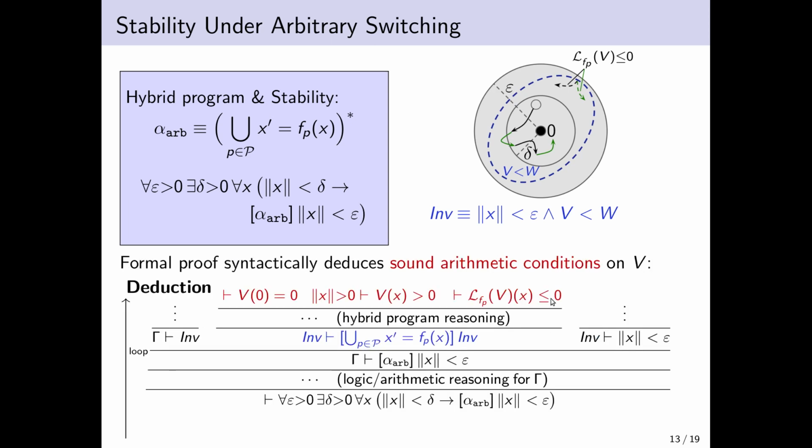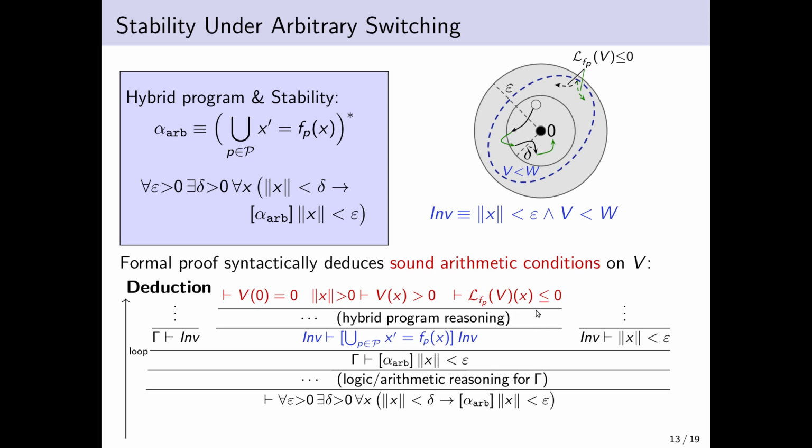Okay. Now this loop invariant is crucial for the formal syntactic proofs, which we develop in the paper. And what you can see at a high level here is that, well, we start with a stability question for our arbitrarily switched system. Okay, what the loop invariant allows us to do is to tie together logic and arithmetic reasoning that we need for this system, as well as the hybrid program reasoning for the different operators that we see in this program.